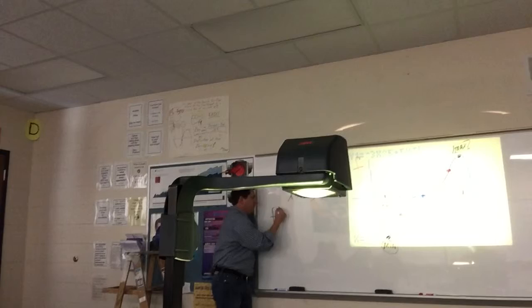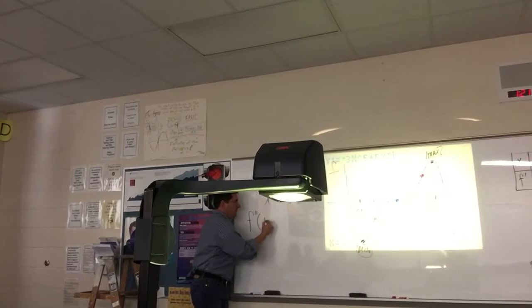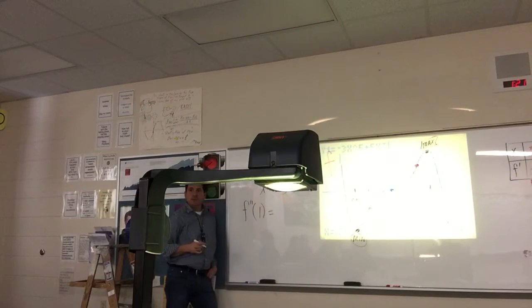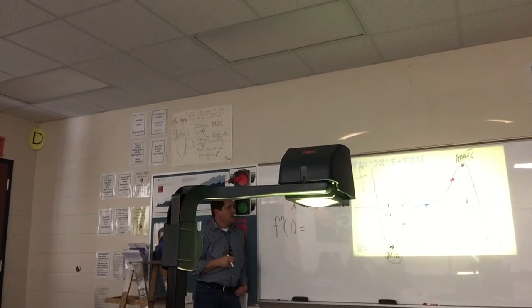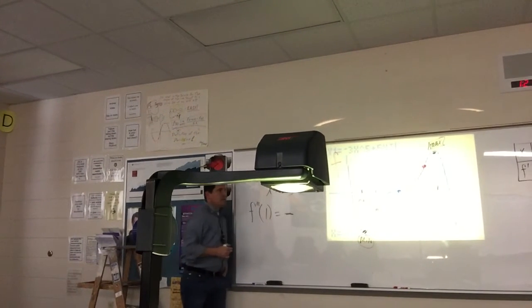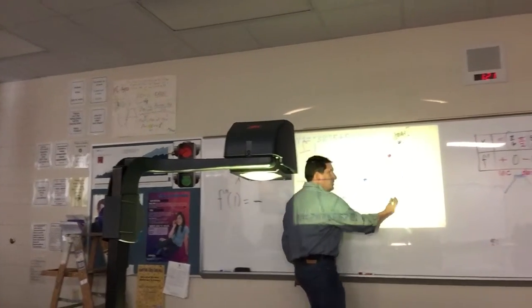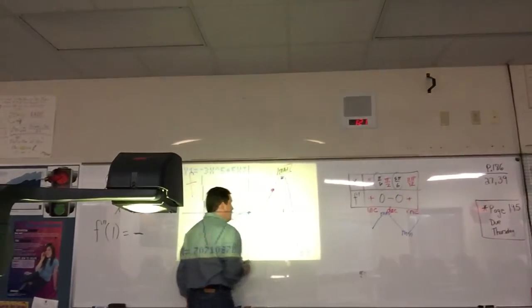If I find f double prime of positive 1, look at the second derivative. What's f double prime of positive 1? It's negative 30. The key is that it's negative. So look at, the critical number here is x equals 1.